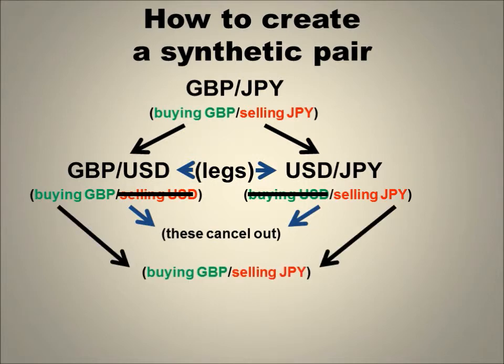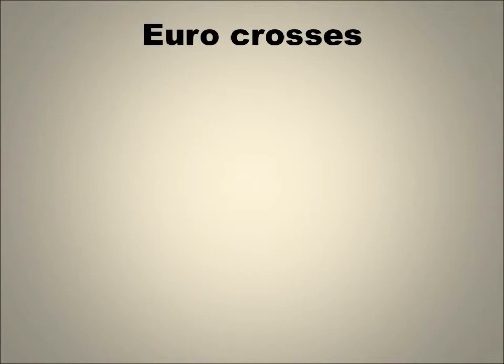So what we're left with is we're buying the British pound and we're selling the Japanese yen at a spread that is lower than if we went long directly from the British pound Japanese yen pair. So we can save money on the spreads by creating these synthetic pairs, as we can see.